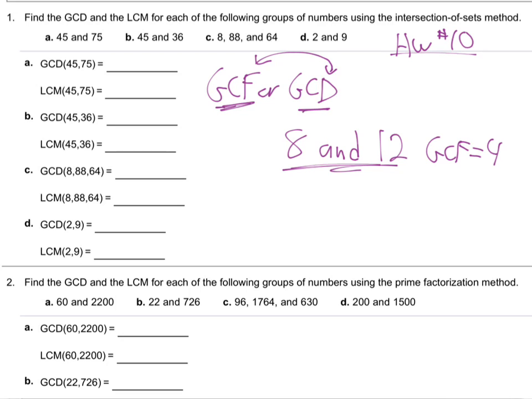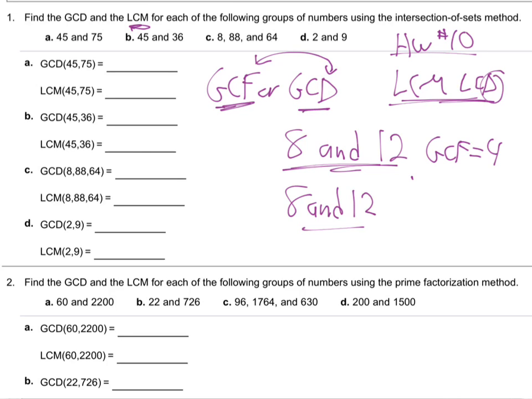Okay, so that's GCF. Now, let's also take the 8 and the 12 and talk about LCM. LCM is the same as LCD, from your algebra days again. Remember common denominators? LCD, least common denominator. LCM, least common multiple. It's the same thing.